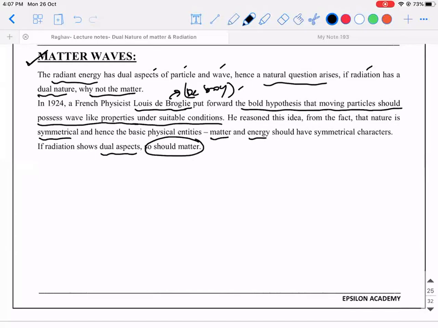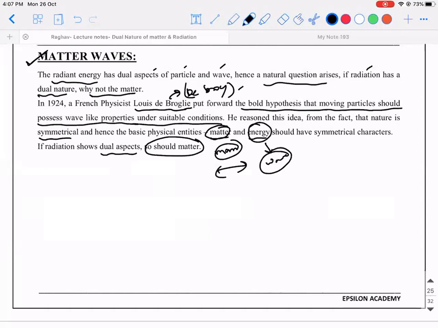Going forward, we are going to relate matter, which is related to mass, and energy, which we mainly speak of for waves, and create a symmetry between them.